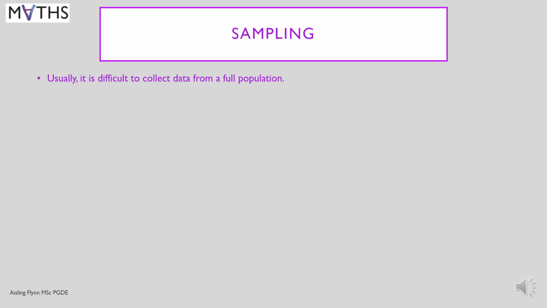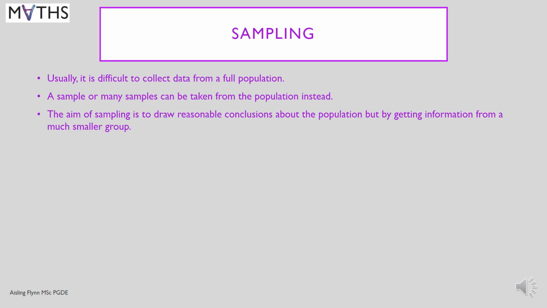So in that case, let's say every 500th microchip is tested. So a sample is taken from the full population of microchips. A sample or many samples can be taken from the population instead.